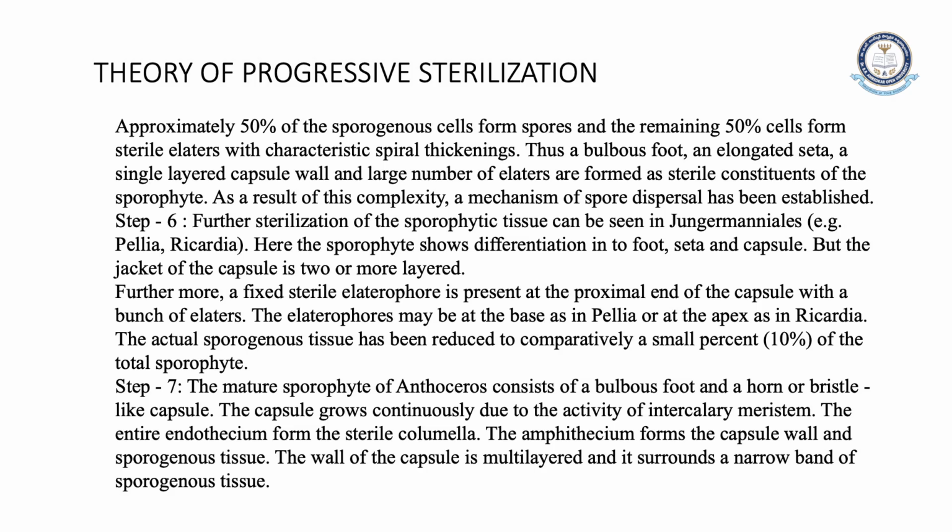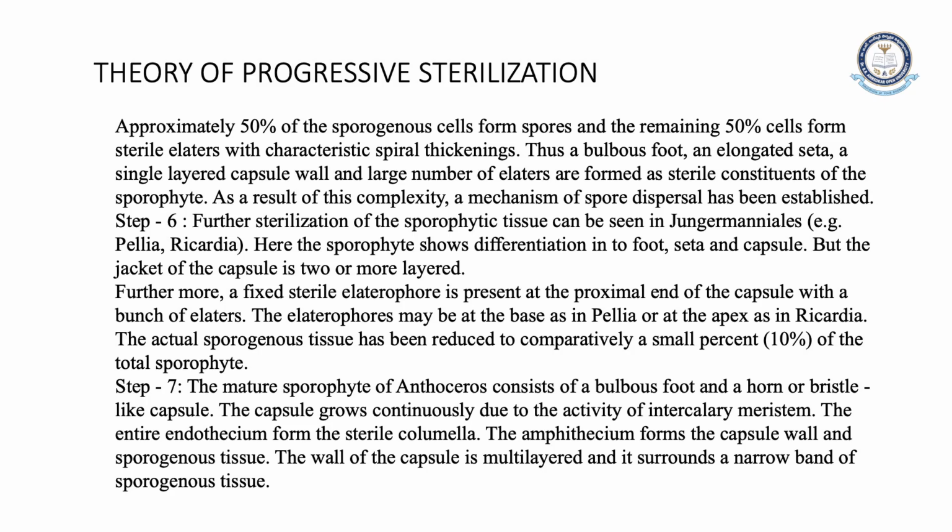Thus, with the bulbous fruit, elongated seta, a single-layered capsule wall and a large number of elaters formed as sterile cells in the sporophyte, a mechanism of spore dispersal has been established as a result of this complexity.